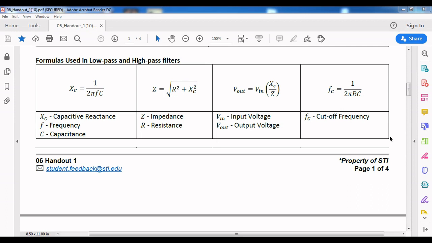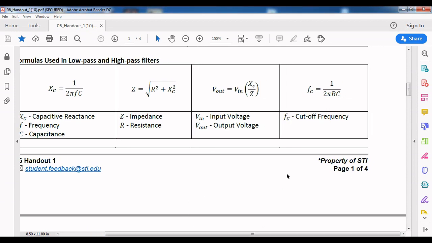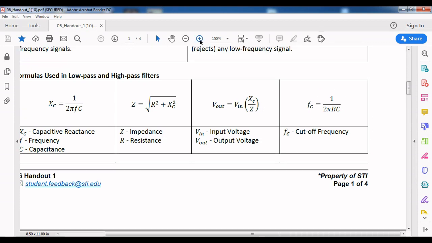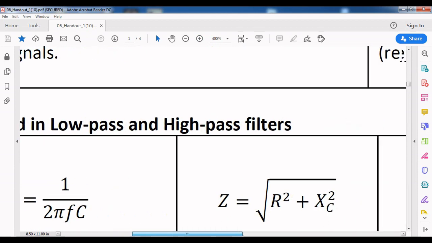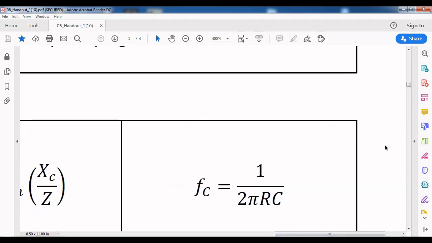And that is true for all types of filters, from passive to active, from the low pass, high pass, and band stop, from Bessel, Chebyshev, and Butterworth. So, with that being said, we will be focusing our attention on the cutoff frequency, okay, which is this one.